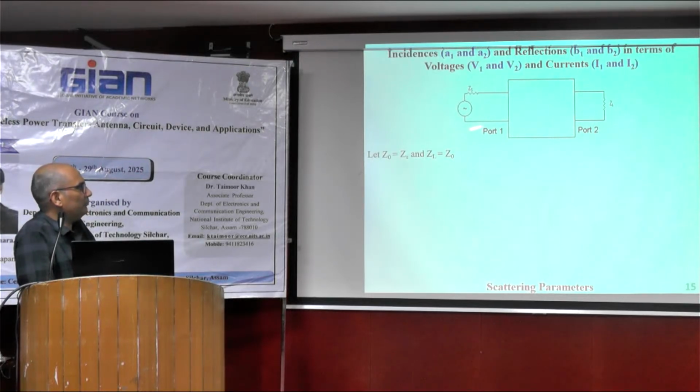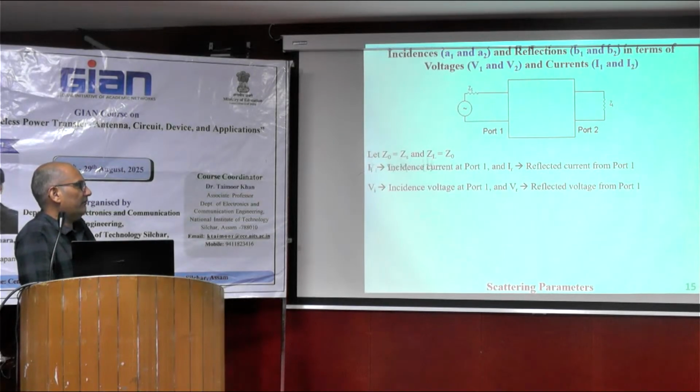That is, from input to output side, there is no reflection. Now, Ii is the incident current at port 1, IR is the reflected current from port 1, Vi is the incident voltage at port 1, VR is the reflected voltage, and the total voltage at the input port will be the summation of these two.